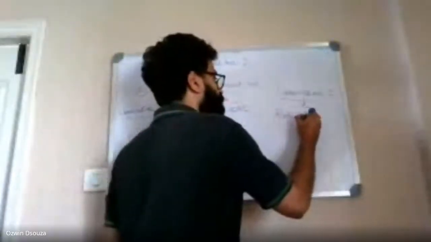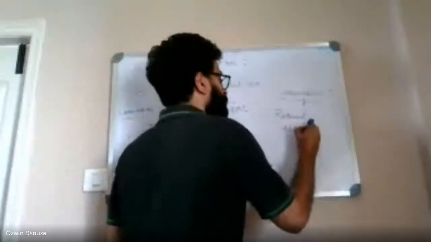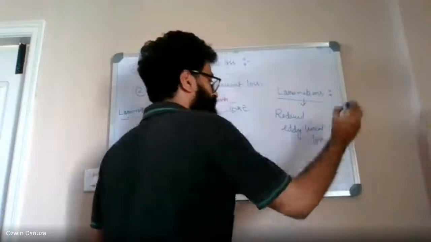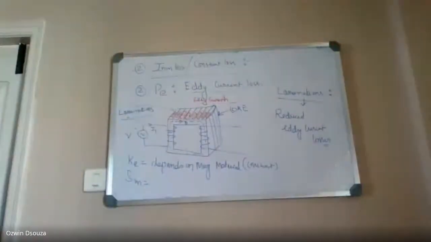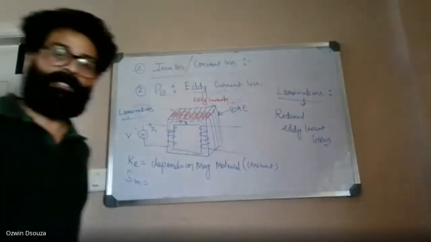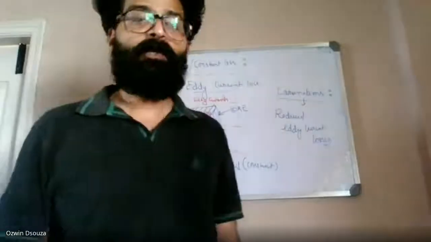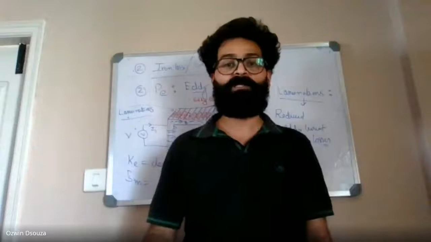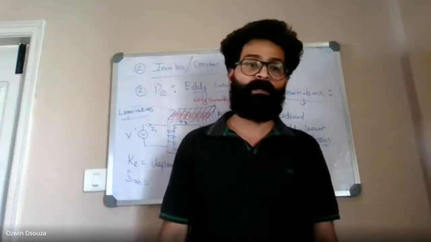So by laminating the transformer core, you can reduce eddy current losses. So how to minimize the iron loss? Iron loss can be minimized by minimizing the hysteresis loss as well as eddy current loss.